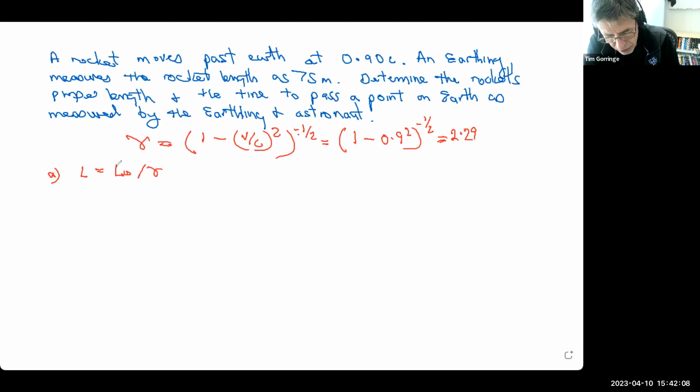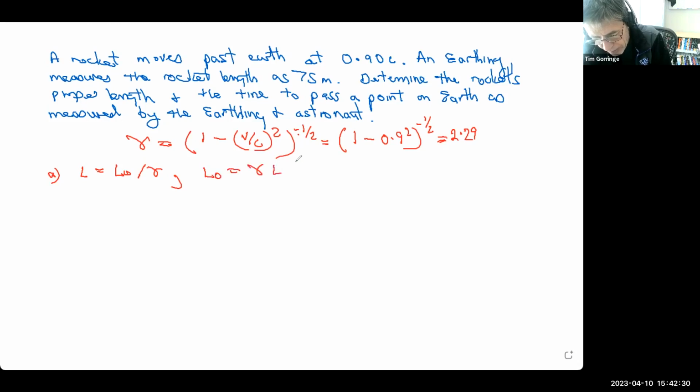L is the contracted length, L0 is the proper length, and gamma is the Lorentz factor. Now, in this particular case, I know the contracted length. I want to figure out the proper length, so I'm going to rearrange this for L0.